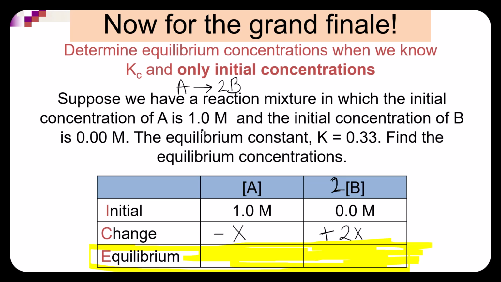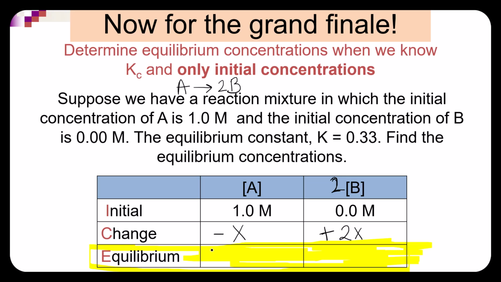So for every one of the A's that break down, 2 of the B's get formed. So A to B. So this is going to go down by a factor of x. This is going to go up by a factor of 2x. That's the best I can do for change, okay?